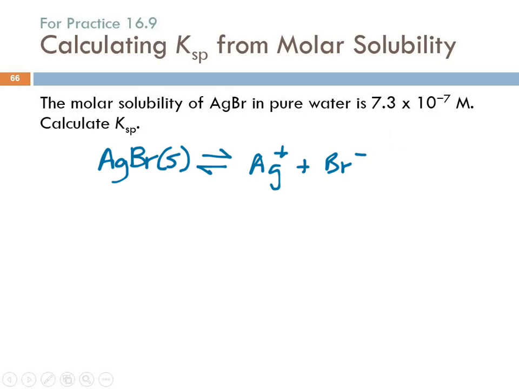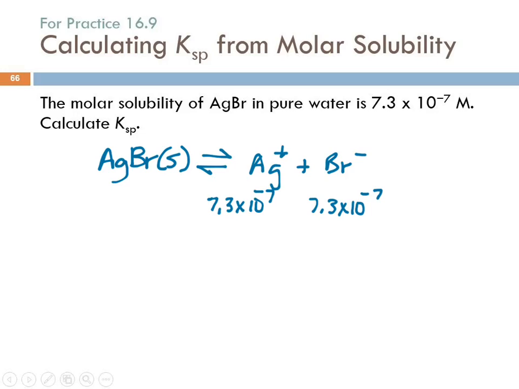This molar solubility tells us the concentration of silver ion and bromide ion, right? Because if 7.3 times 10 to the minus 7 moles of this dissolve in 1 liter of solution, these are the concentrations I'll get.